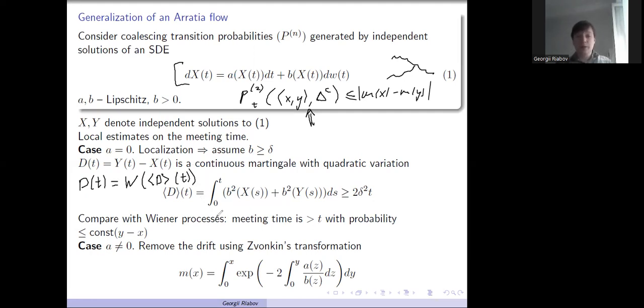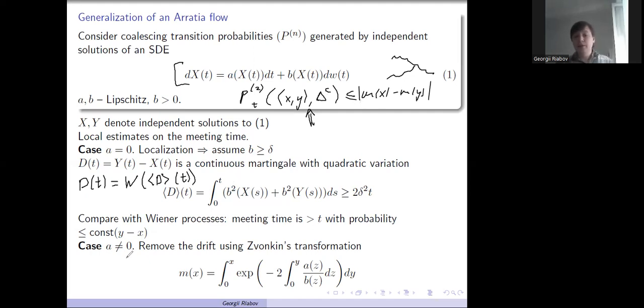So the probability that the meeting time of d is bigger than t is bounded from above by the probability that a Brownian motion that starts from y minus x doesn't reach 0. So it is bounded by some constant times y minus x, which is exactly what we need.